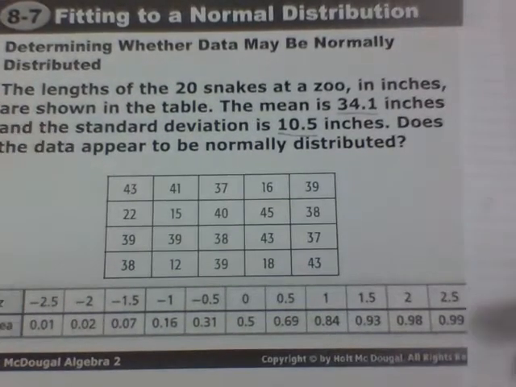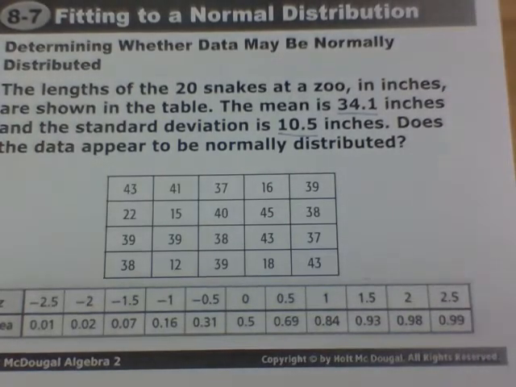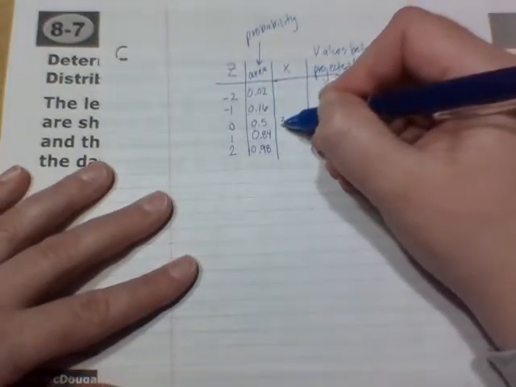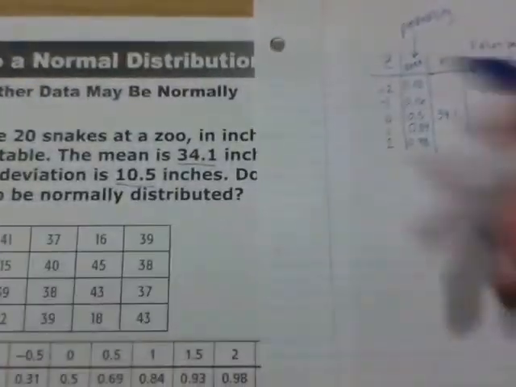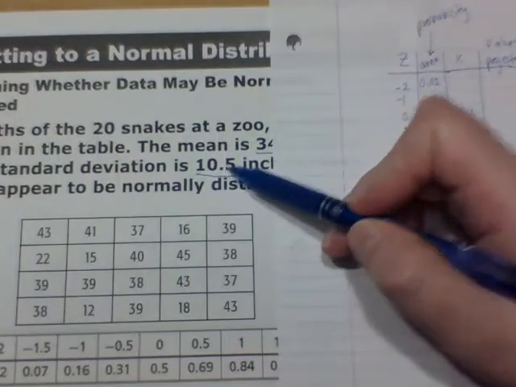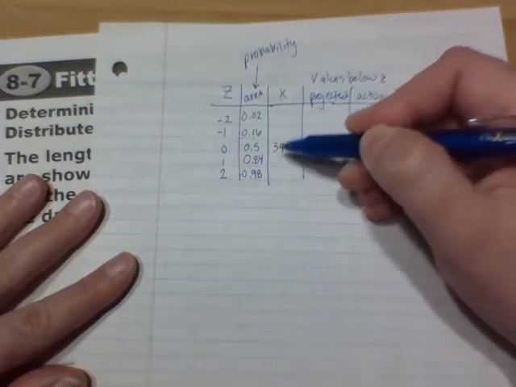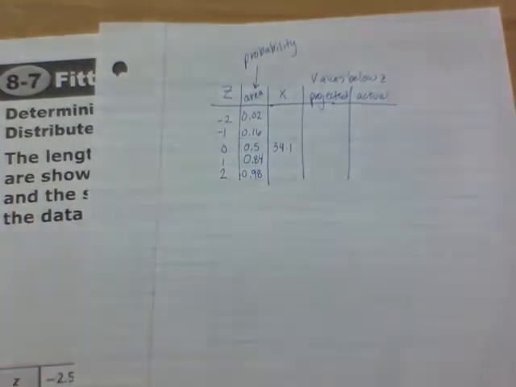So taking a look at how we calculate this, the halfway point is going to be our mean. So this halfway point right here is 34.1. All right, and again, that came from right here. It said the mean was that. It also says that our standard deviation is 10.5, which means that, remember, your standard deviation is going to move out from this center of the data set.